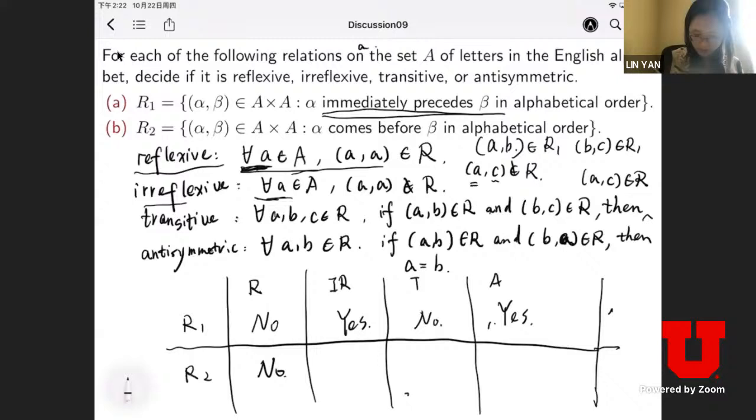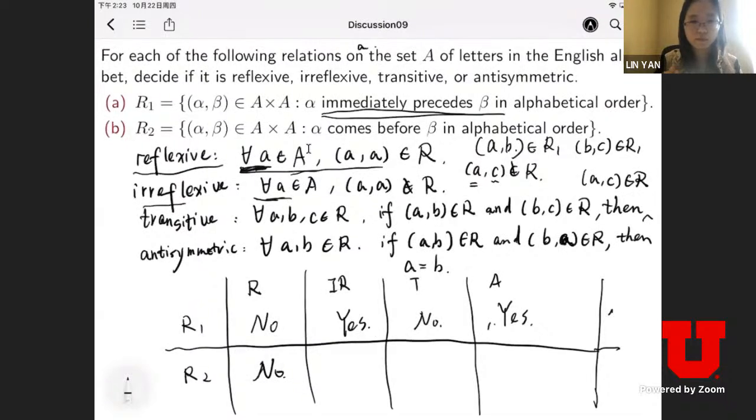The answer is no, because no letter can come before itself. Then is R2 irreflexive or not? Yes, right. It is the same reason as the previous one.